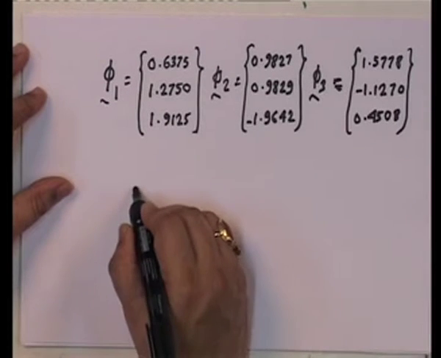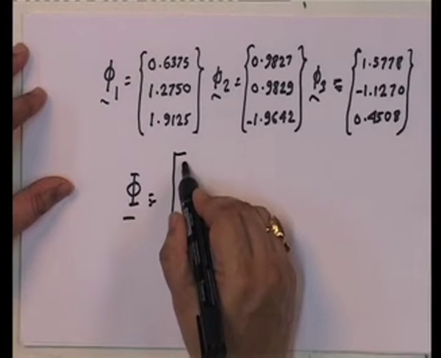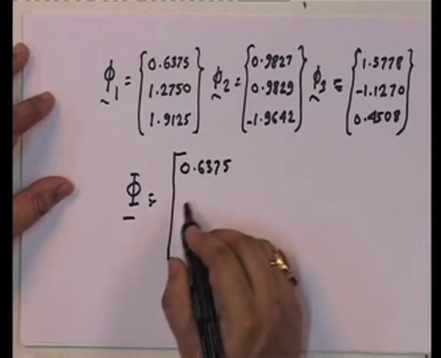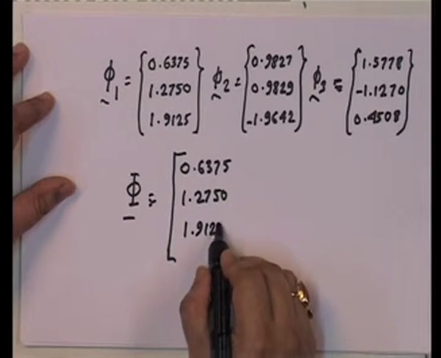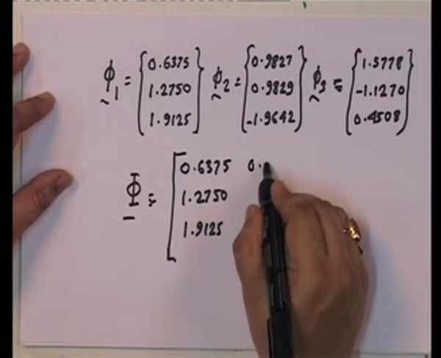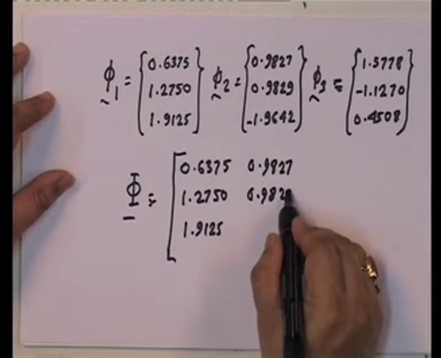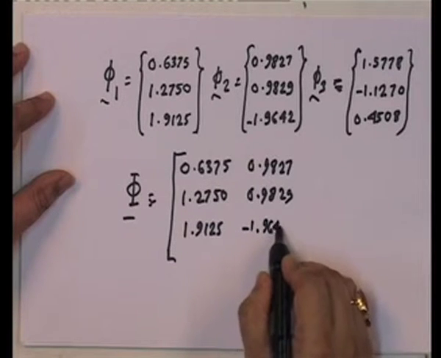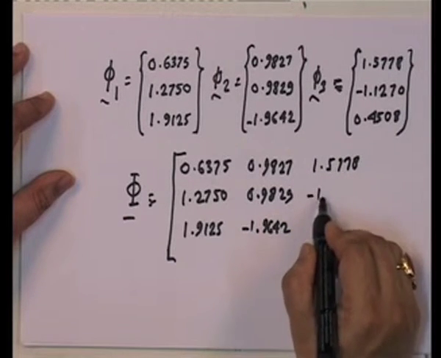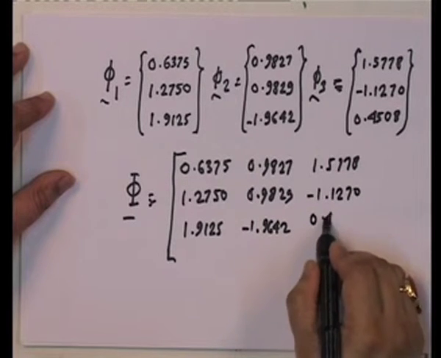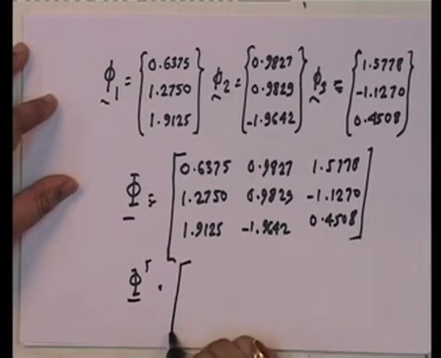If I rewrite this in the format of phi, then phi becomes: 0.6375, 1.2750, 1.921, then 0.9827, 0.9829, minus 1.9642, then 1.5778, minus 1.1270, 0.4508.